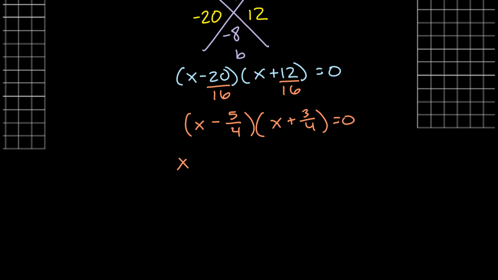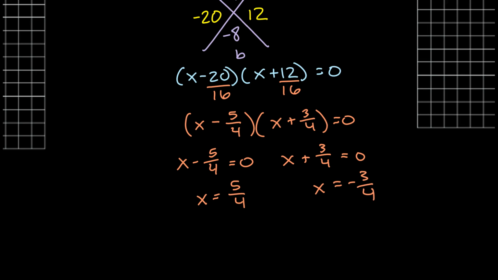Set each one equal to 0. So I add 5/4 over and X is equal to 5/4, and I subtract 3/4 over and I get X equal to negative 3/4. Which one of these is not a solution?